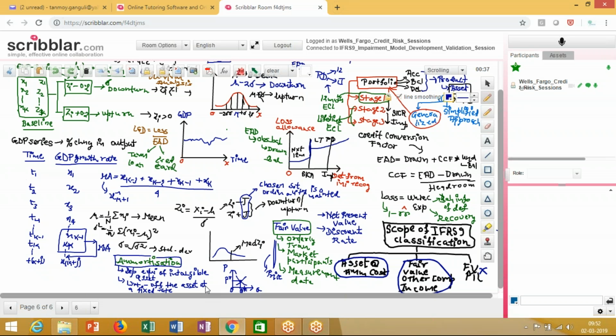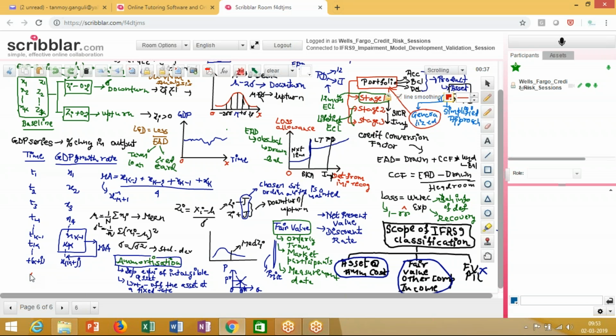And over here, when you are computing amortization, the question that comes up is, how do we compute it? We had looked into the formula for computing amortization previously as well, but in today's discussion, we will look into it from the point of view of understanding. So what are the inputs which go into this amortization exercise?